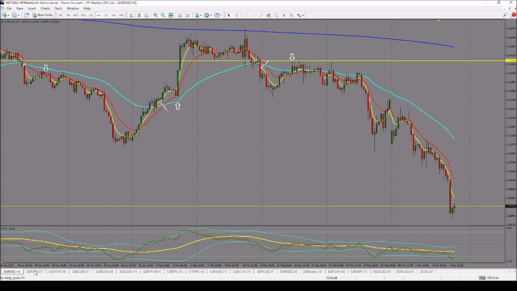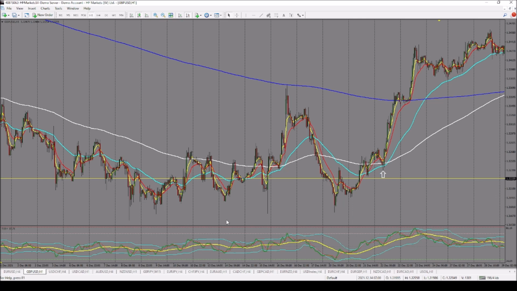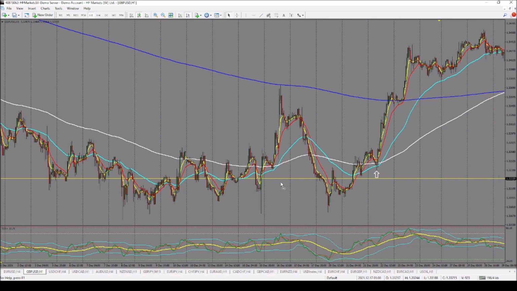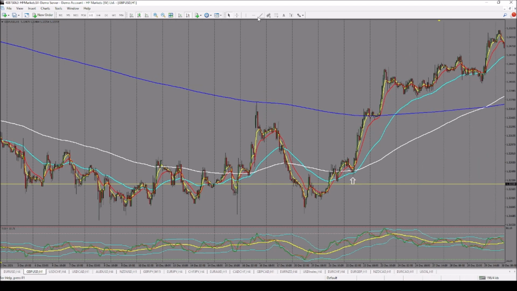Then on GBPUSD, we have another example, and this time around it is an H1 time frame. So in this case, the first thing was to locate a 13 and 50 EMA crossover. Starting from this point, we had a crossover here. After that crossover, we had this previous market flow. From the previous market flow, what can we see?